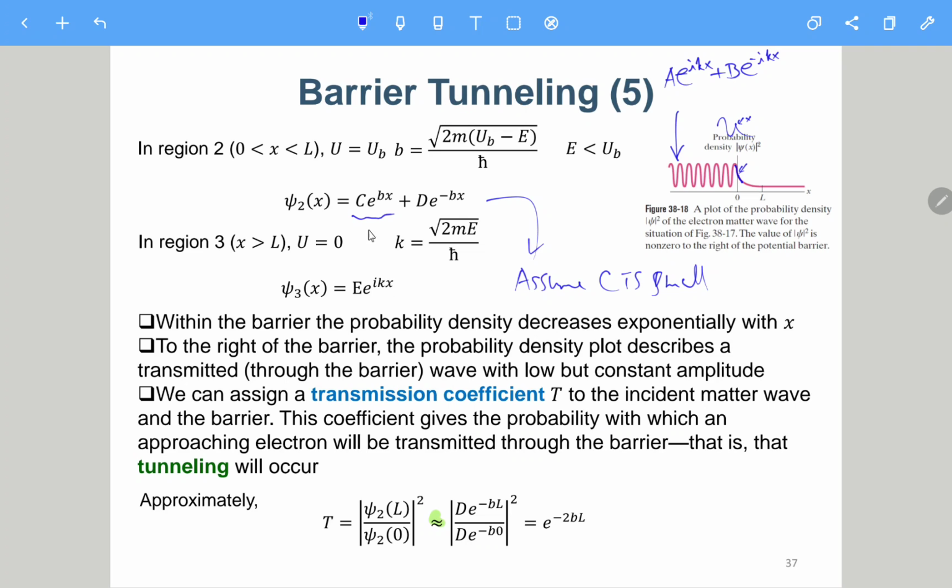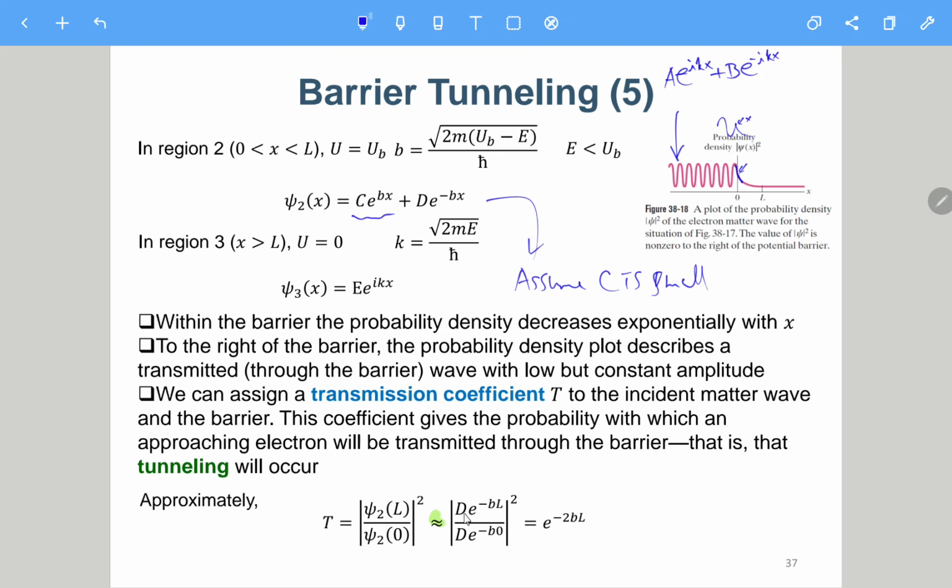So the probability that the particle should be able to go through this potential barrier is the wave function at L over the wave function at 0, and then this quotient take the absolute value and then square. This is the probability that the particle can go through this potential barrier.